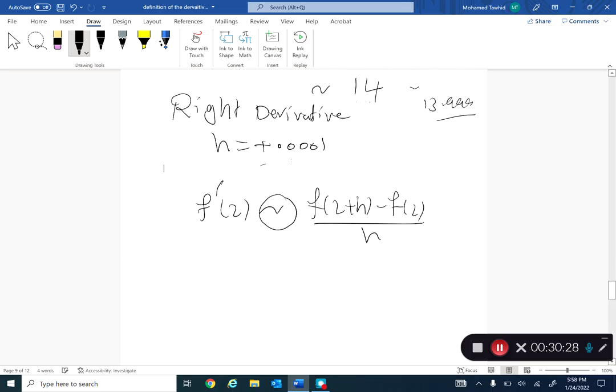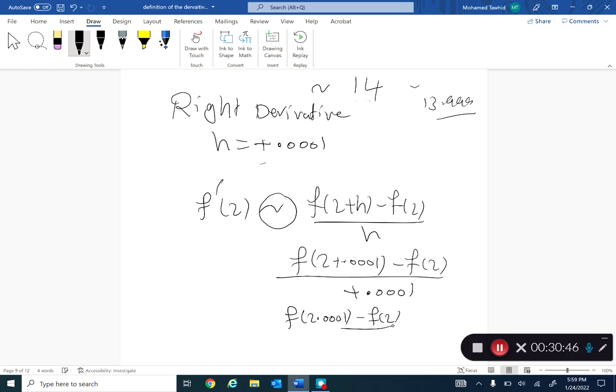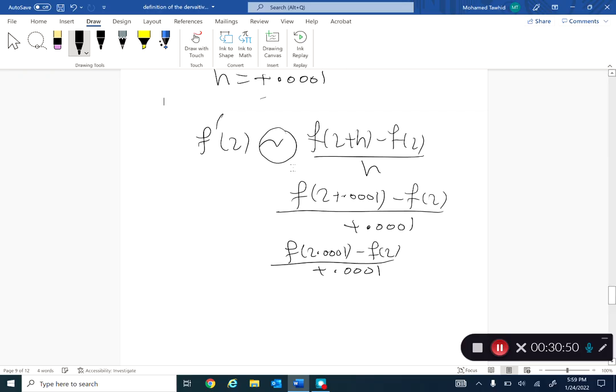So if I take the right derivative, it will be f of 2 plus 0.001 minus f of 2, the whole thing over positive 0.001. So this one here will be f of 2.001 minus f of 2, the whole thing over positive 0.001.